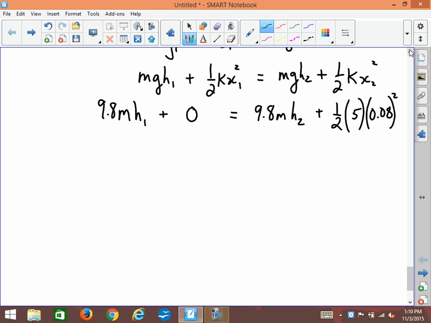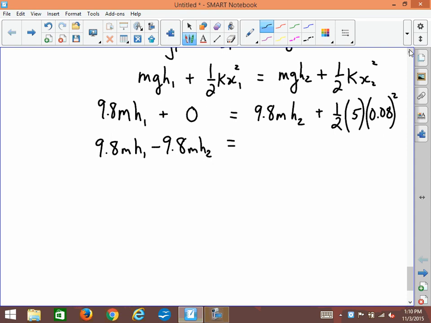Now let's group our like terms. 9.8 m h1, and then we bring this over, 9.8 times the mass times h2, right? And that equals all of this little number. Well, 0.08, you can square that in your head.